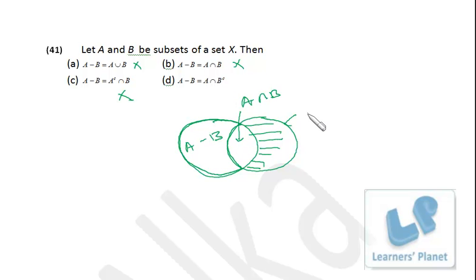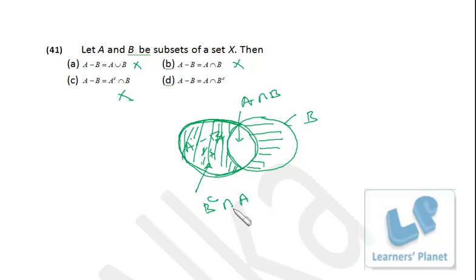Okay, this is the circle of B. So B complement is this, right? That is B complement. And this complete circle is A, right? So this portion is actually what? B complement and the common portion of A, right?